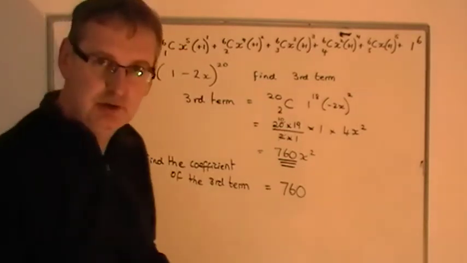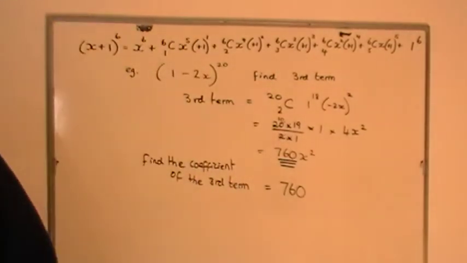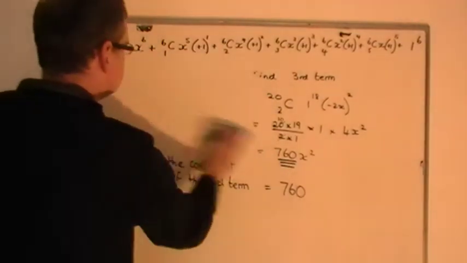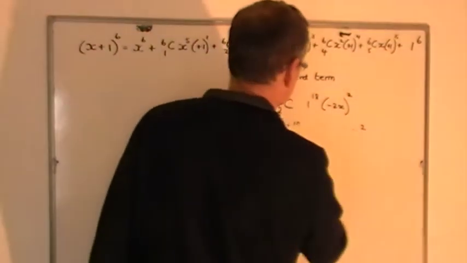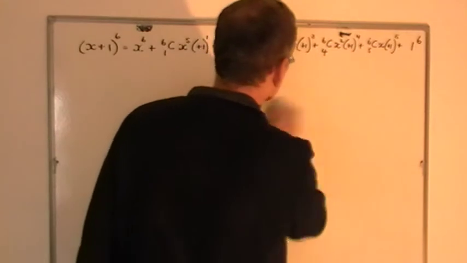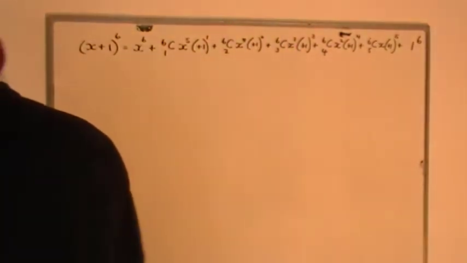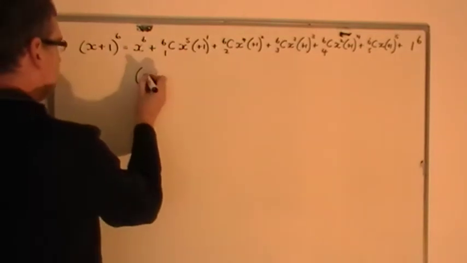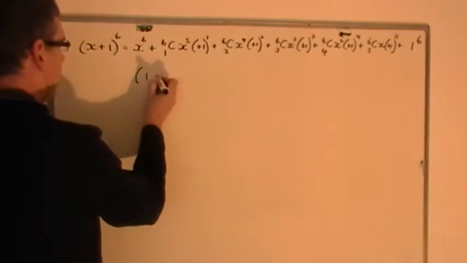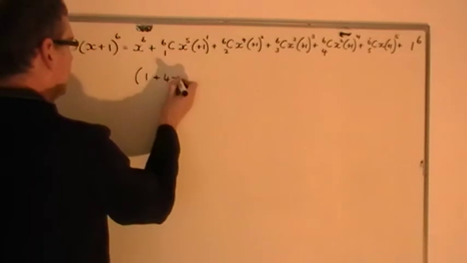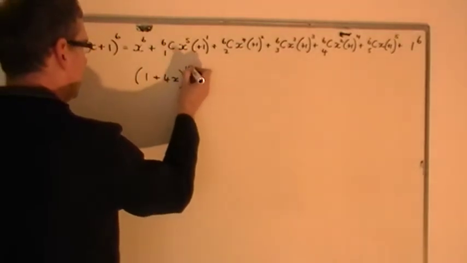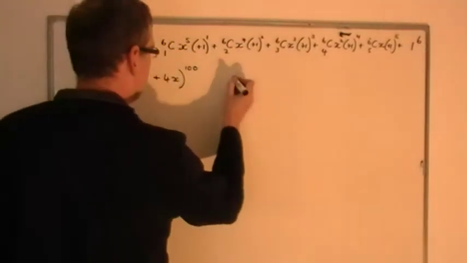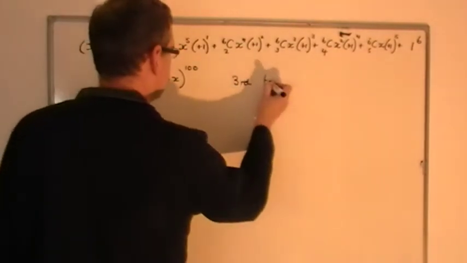Let's do one more in this short video of this particular type. Okay, let's say I give you bracket, let's say this time it's 1 plus 4x to the power 100, and I want to find the third term.